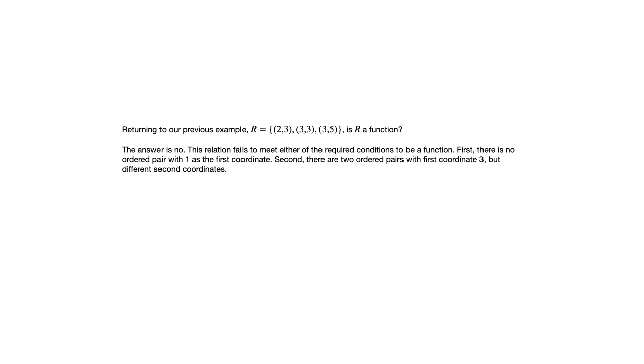The answer is no. It fails to meet either of the required conditions. One way in which it fails is that there's no ordered pair with a 1 as the first coordinate, and 1 is an element of the domain. There are also two ordered pairs that start with a 3 and have different second coordinates. That cannot happen in a function.